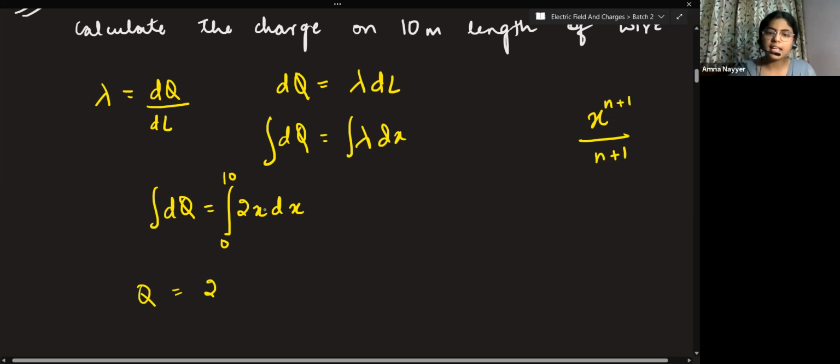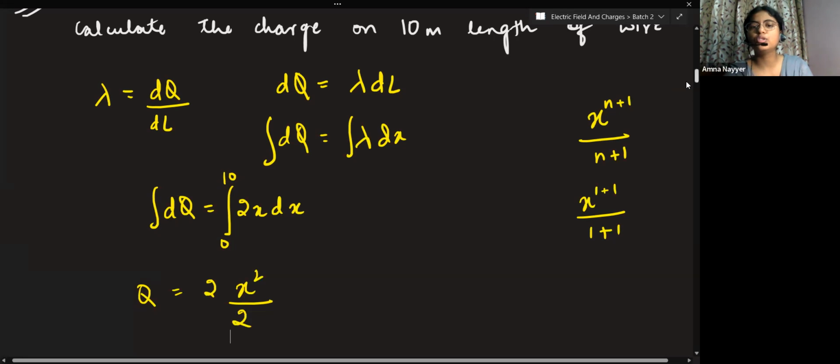Here x has the power 1, so 1 plus 1 is 2. So x to the power 1 plus 1 is x to the power 2 divided by 1 plus 1, that is 2. This is how you use integration.